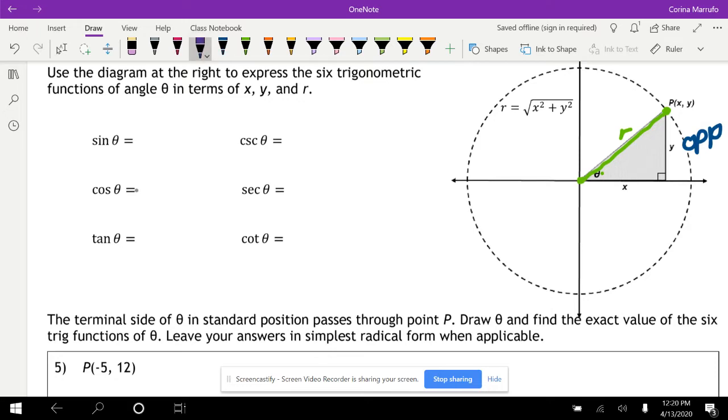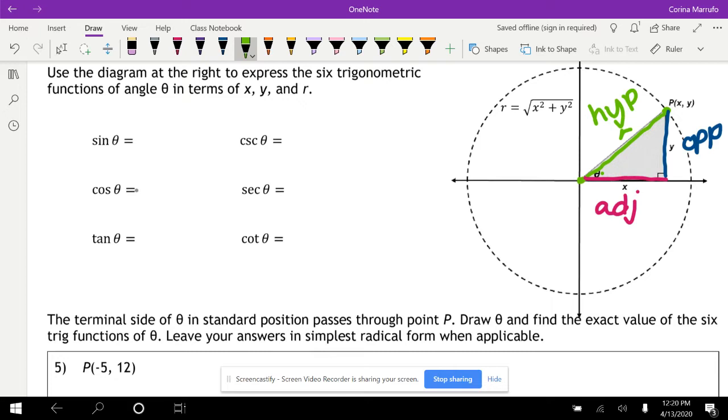And then your x value here is your adjacent. And then your radius of your circle is your hypotenuse, what we know as our hypotenuse. So here I'm going to put HYP.